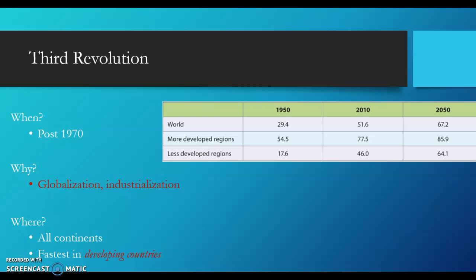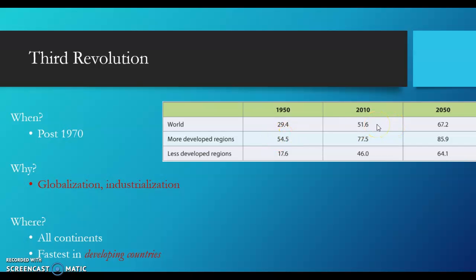This chart from the short reading shows us the transformation that's occurring around the world. This is the percentage of people that are living in urban areas. You'll notice in 1950, just under 30% of people around the world lived in cities. In our more developed regions, in places like the United States and Western Europe, over half of people were living in these metro areas.